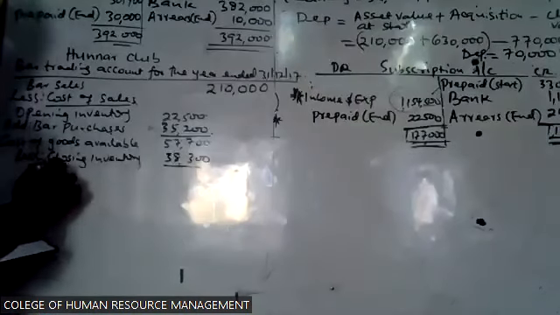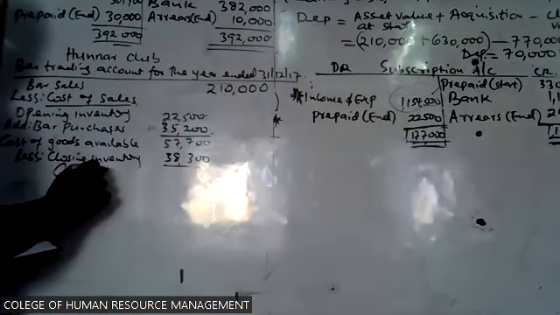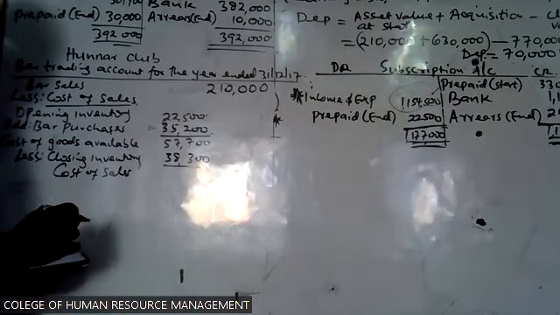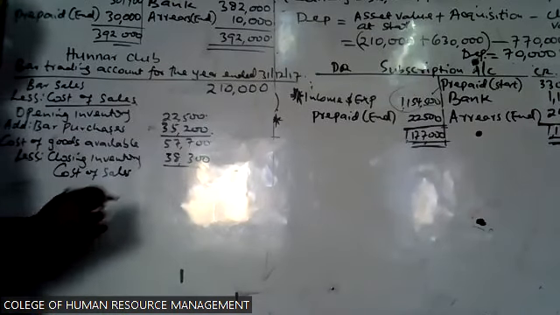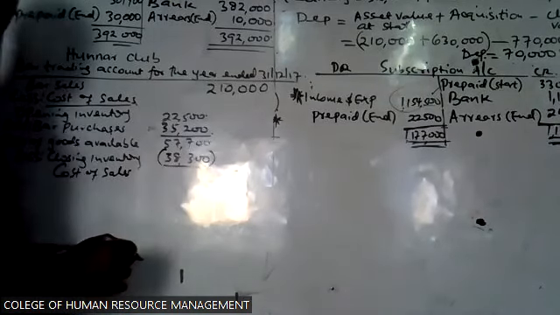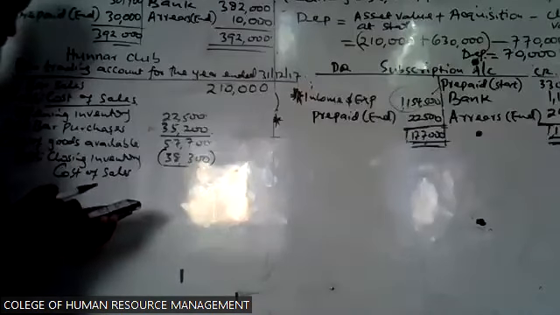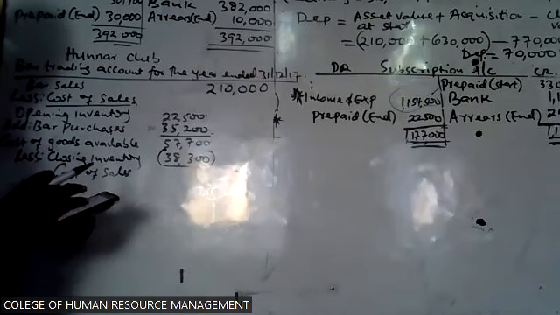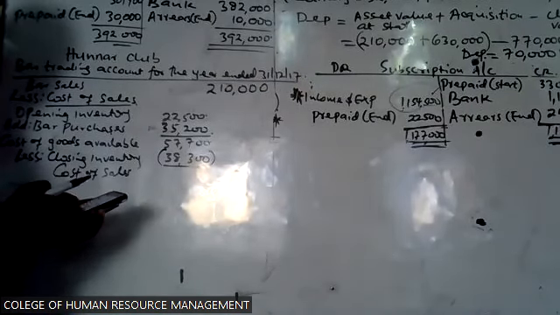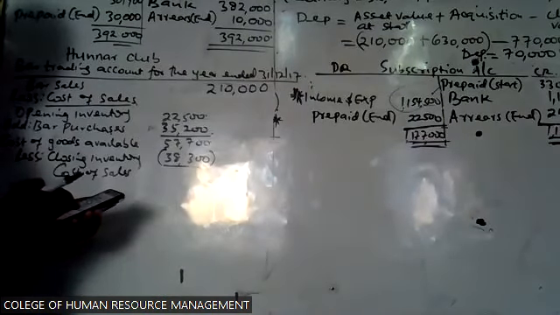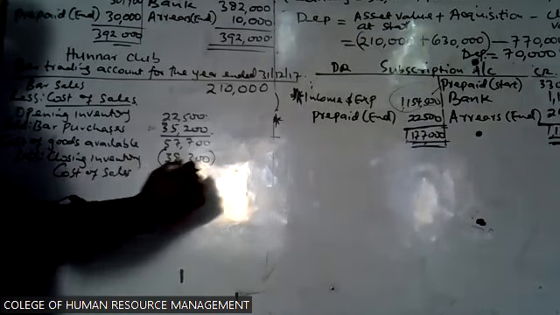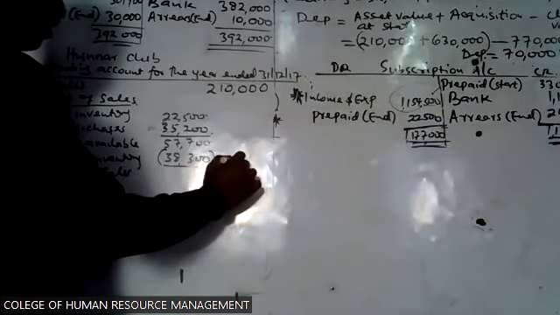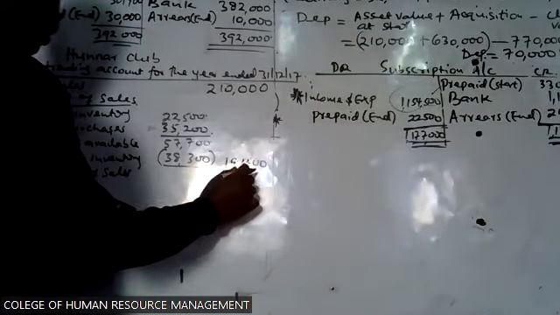Less that, you get your cost of sales. 57,700 minus 38,300, you get 19,400.